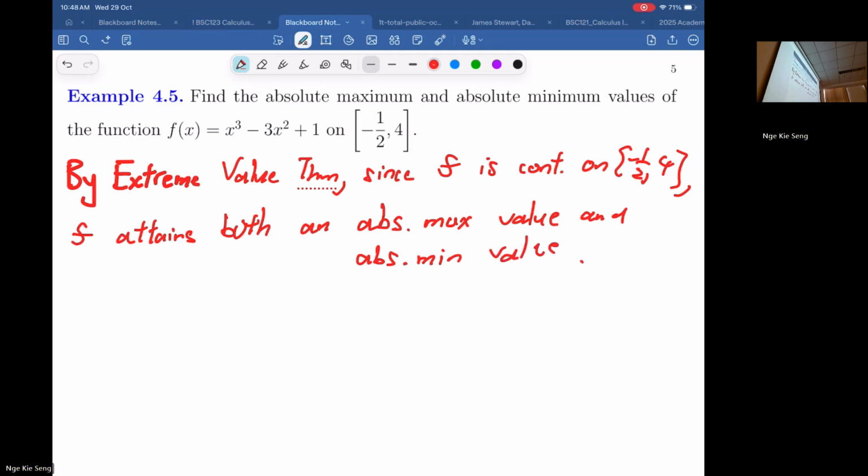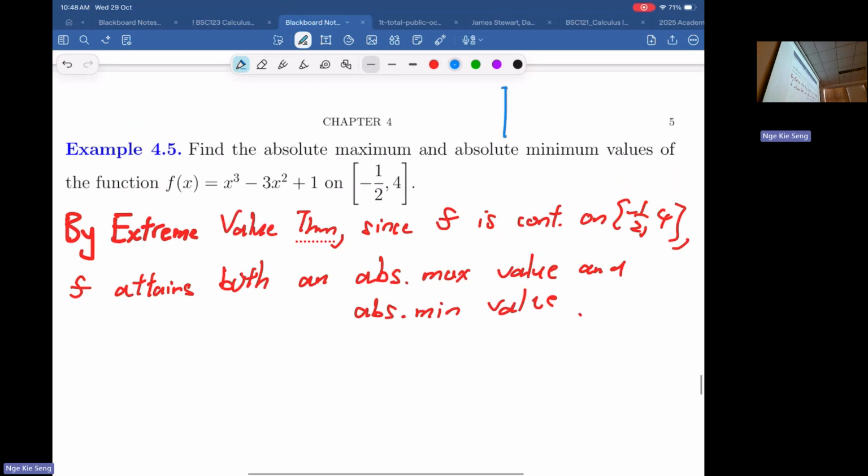There's only one top guy. Maybe this absolute maximum value could happen at different places, but there's really only one y value that's the most top. It could happen that you attain this maximum value multiple times, but there's really only one absolute maximum.